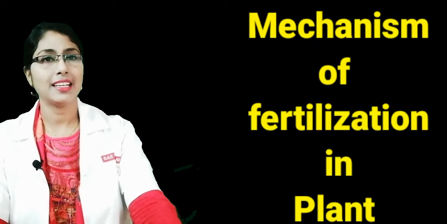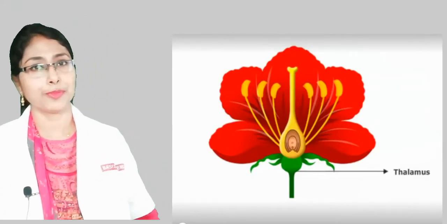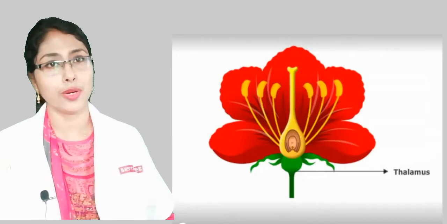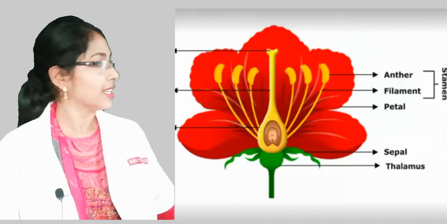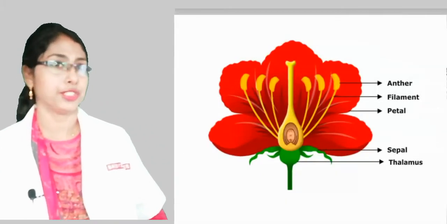Mechanism of fertilization in plant. At first, we have to know the flower parts. Thalamus or receptacle provides the attachment place of the different floral whorls. Sepals are the outermost whorl. They protect the flower during the bud stage.